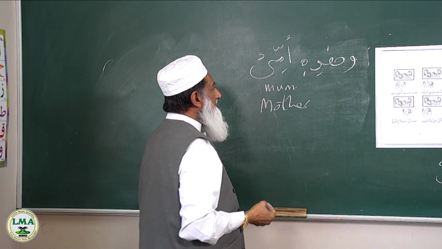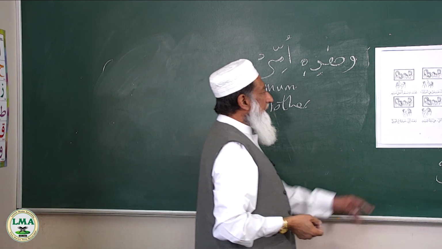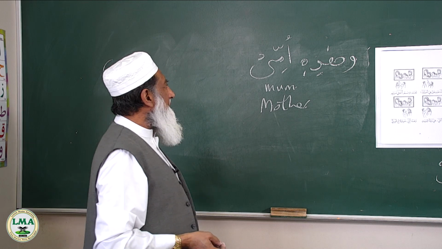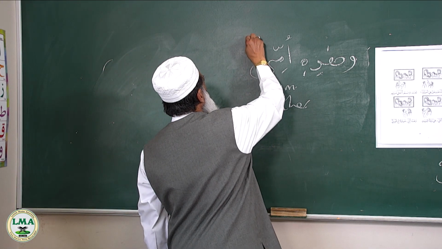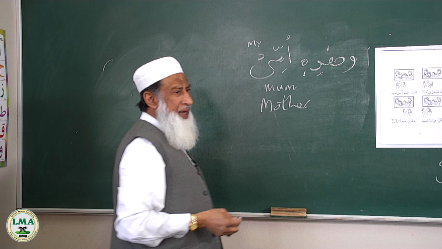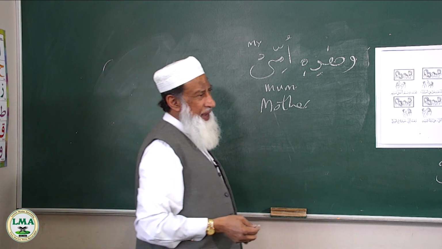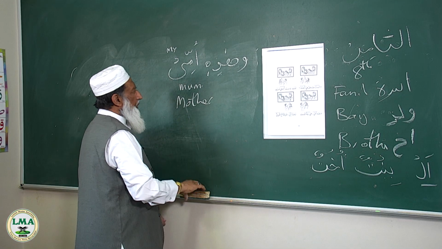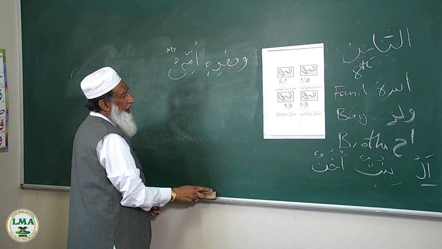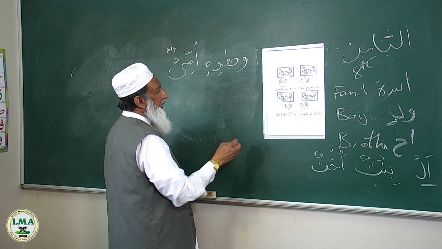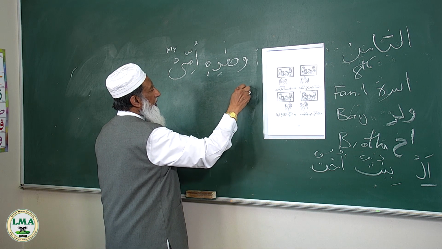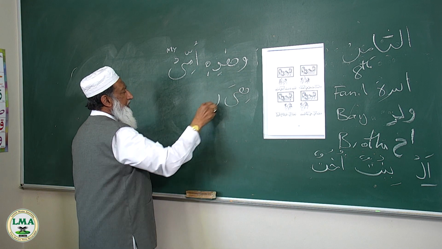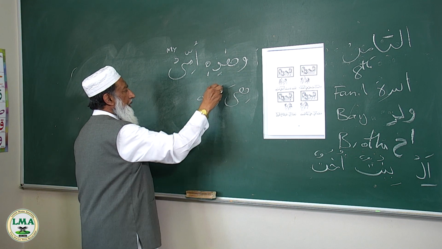We all love our mummies. So wa hadhihi ummi. And the lady there is who? Hadhihi ummi. Ummi will give you "my". So who's this? This is my mum. This is my mother. This is mummy. Let's see what we can say about mummy here. Ummun, and ma, and mother, they all have a ma in them, and that meem will give you that love. Here we did already. This is a new word. Rabbatul.